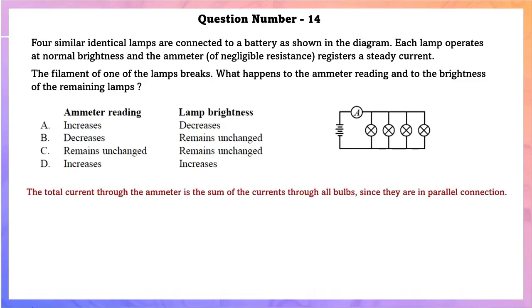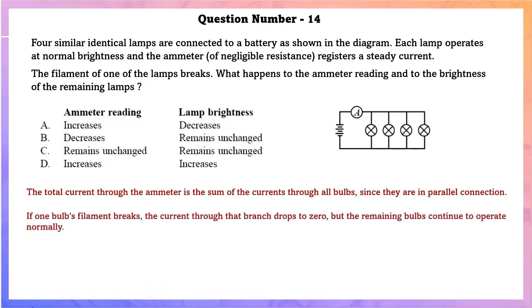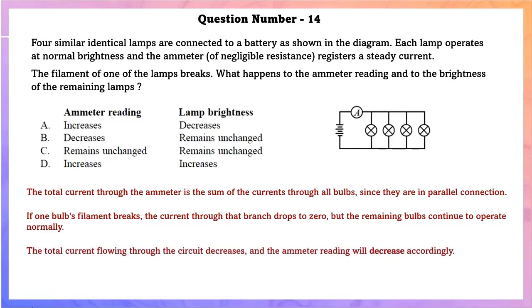The total current through the ammeter is the sum of the currents through all the bulbs, since they are in parallel connection. If one bulb's filament breaks, the current through that branch drops to 0, but the remaining bulbs continue to operate normally. The total current flowing through the circuit decreases, and the ammeter reading will decrease accordingly.